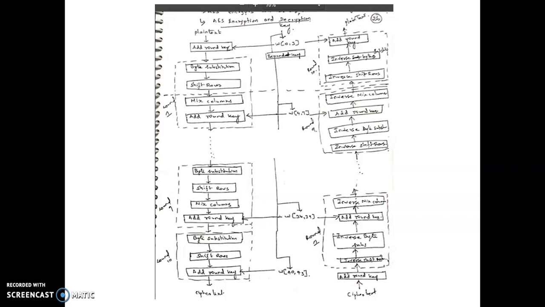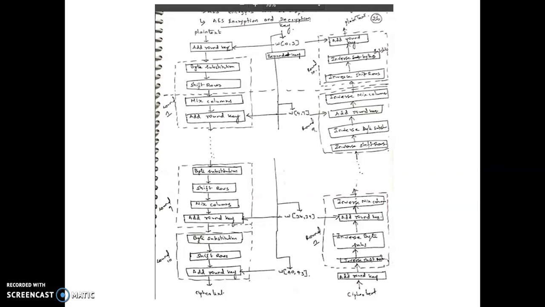The input plaintext is given to a function called add round key. In add round key, the key is received; the key size is 128 bits, and the round key is derived from it. Then the output of add round key goes to round 1.